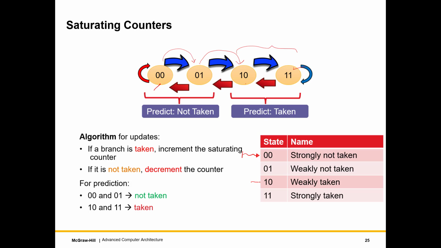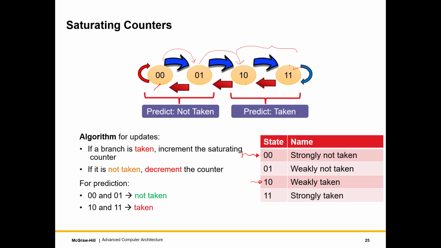Let 1, 0 be called weakly taken, which is named in a similar manner to weakly not taken. And finally, let the state 1, 1 be strongly taken, which has the same connotation as strongly not taken.